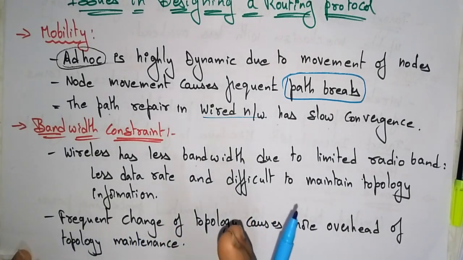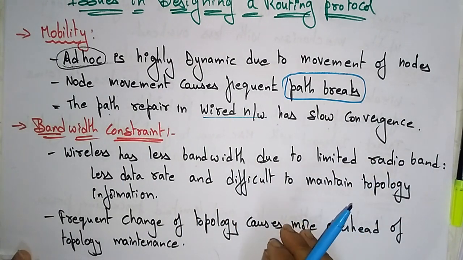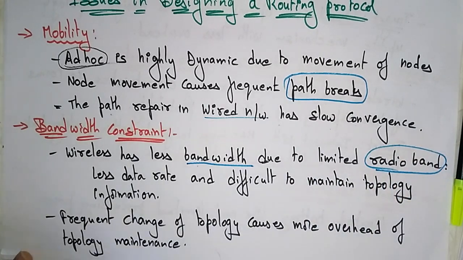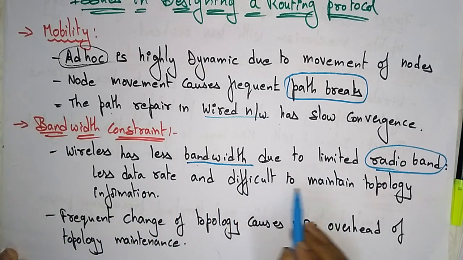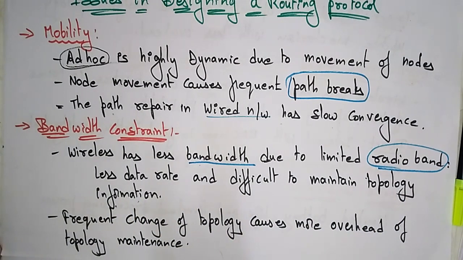Whenever you move far from the radio signals, the bandwidth automatically decreases. So wireless has less bandwidth due to the limited radio band, less data rate, and it is difficult to maintain topology information. Whenever the bandwidth decreases, you are able to send only less data, and it is difficult to maintain the topology information also. That has to be kept in mind while designing a routing protocol. This is one of the issues we face.